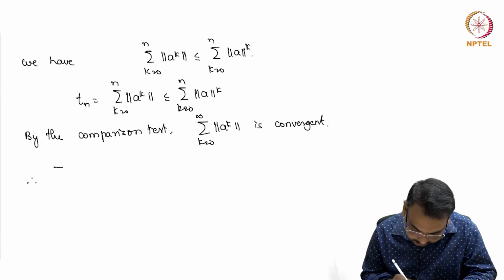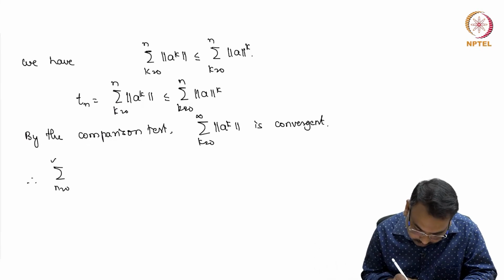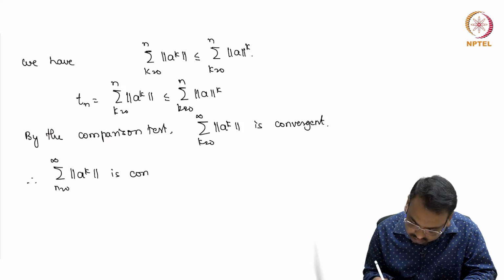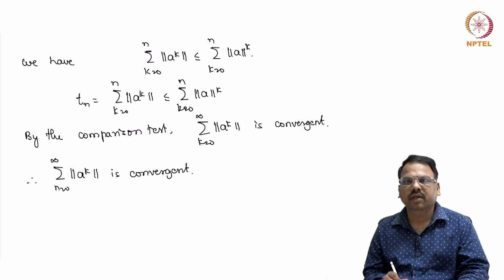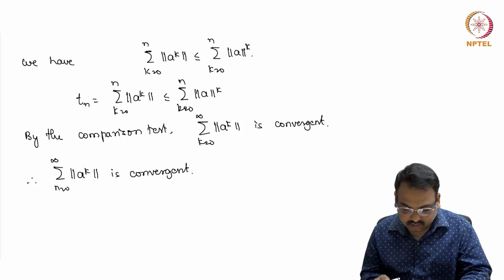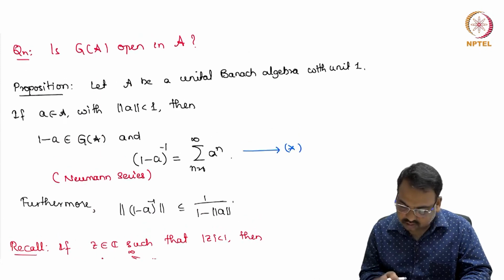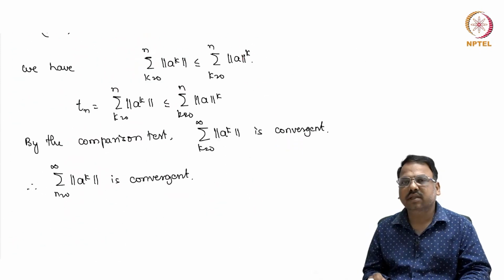Therefore, but we are in a Banach space. We started with a Banach algebra, and we know that in every Banach algebra an absolutely convergent series is convergent.